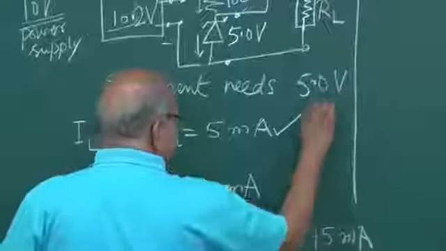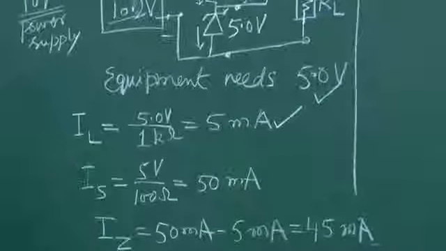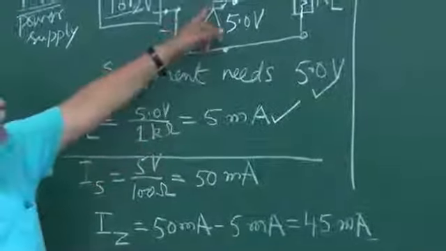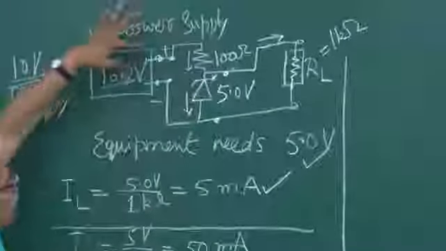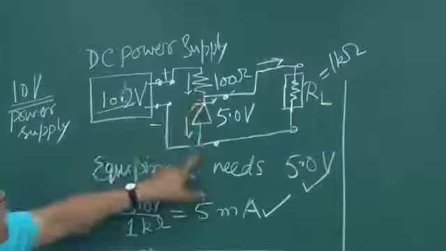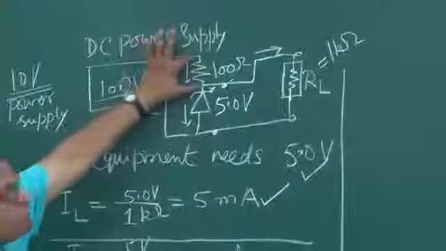Up to here everything is fine. There will be change in IS. How much is the voltage here? This is 10.2. Out of this 5.0 is here. So what is left? It is 5.2.